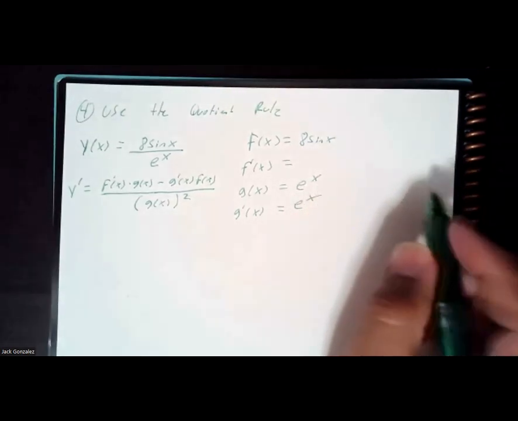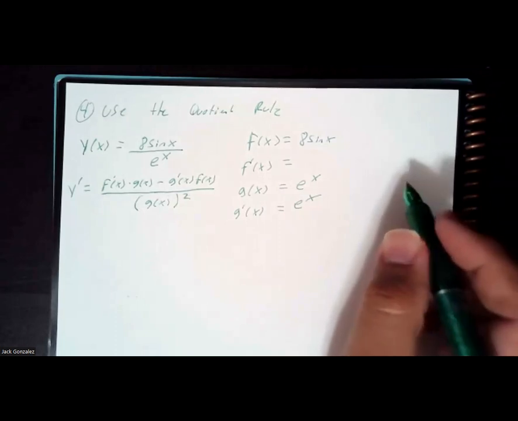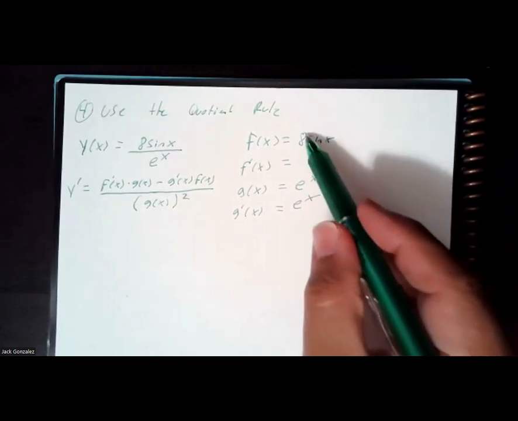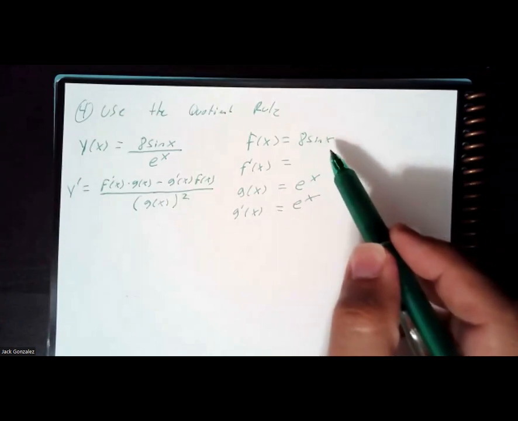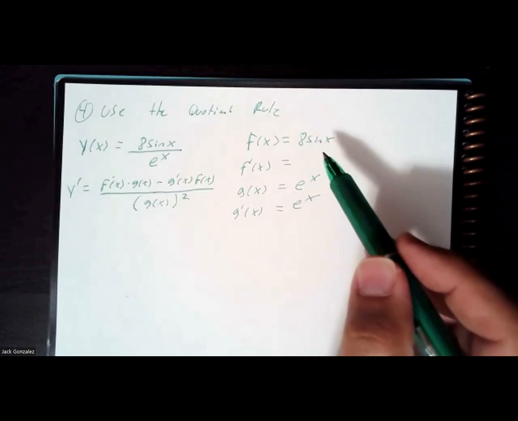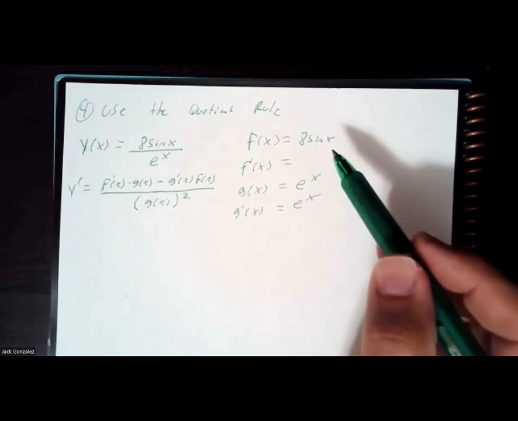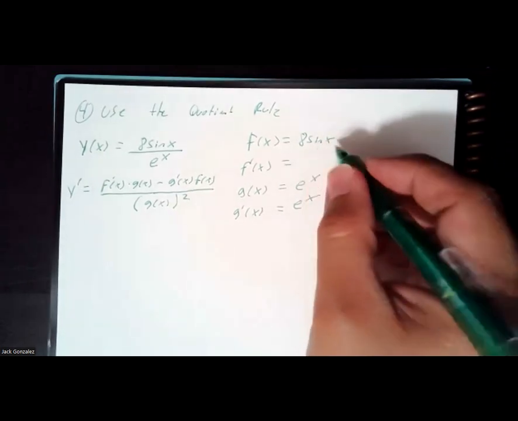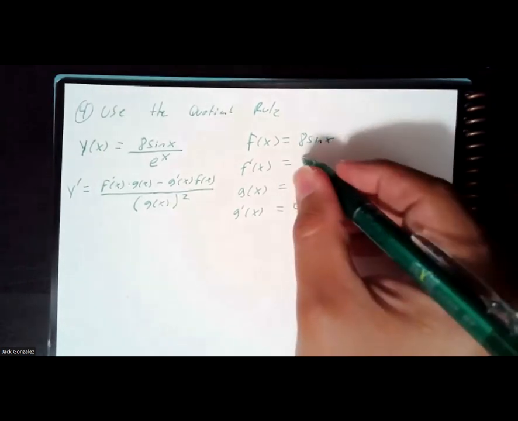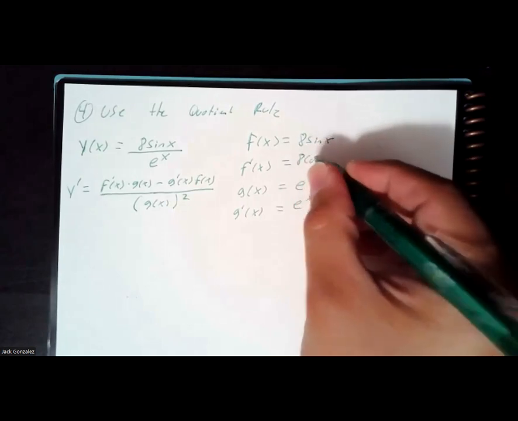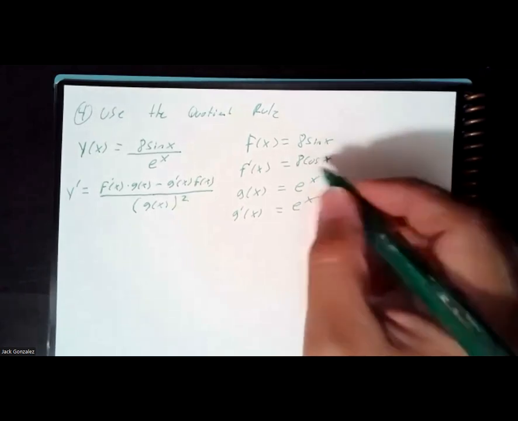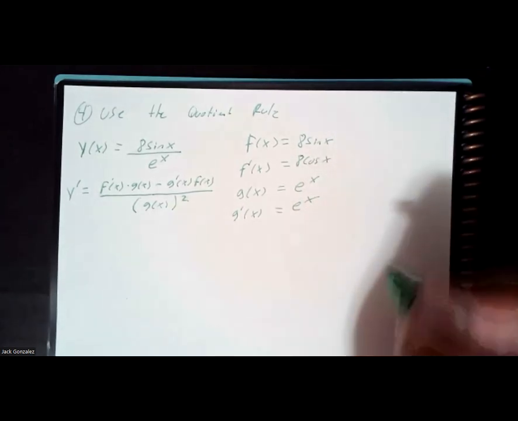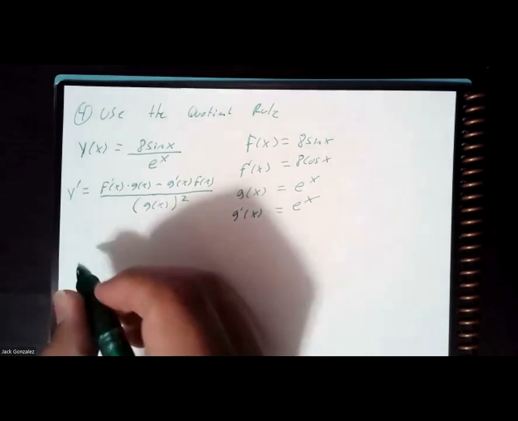For G prime and F prime, you can just ignore the 8. What is the derivative of sine? Yeah, so this would be positive. So it'd be just 8 cosine x, the result times 8. So if it was negative, it would be negative 8. But there we go. Got everything.